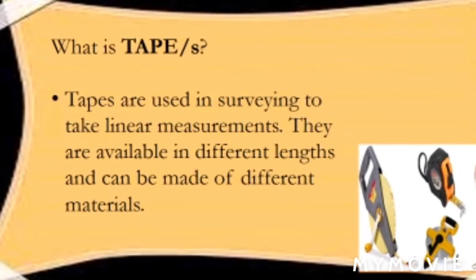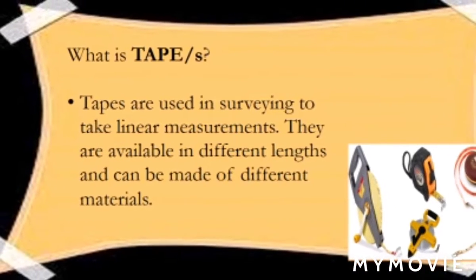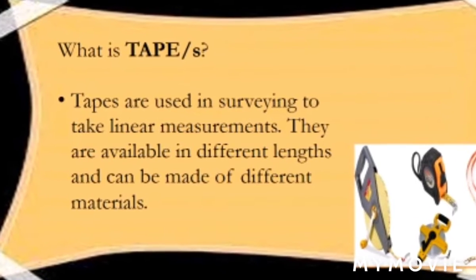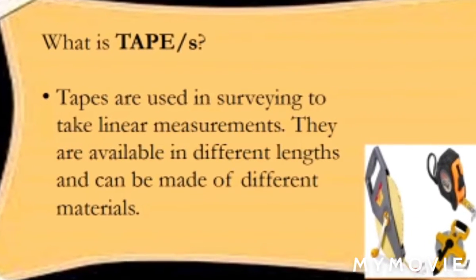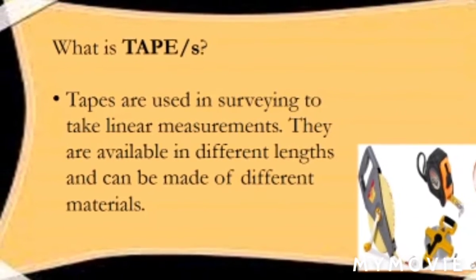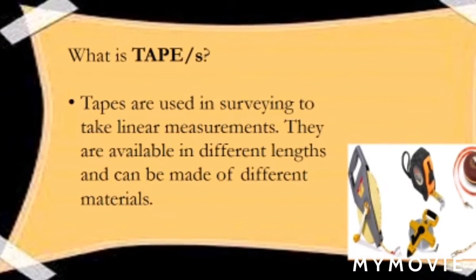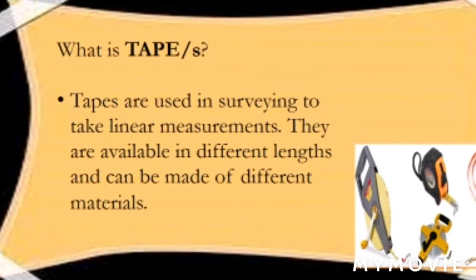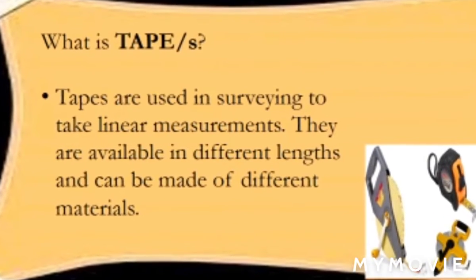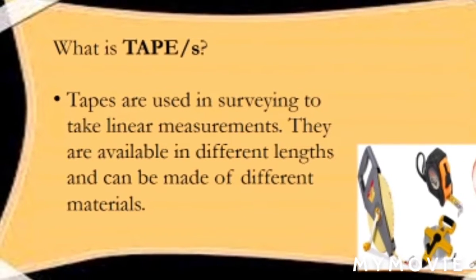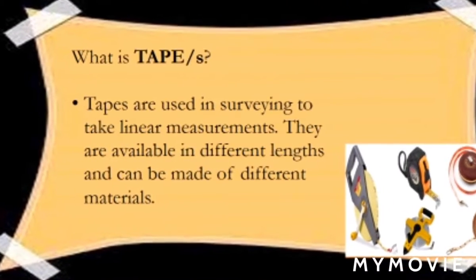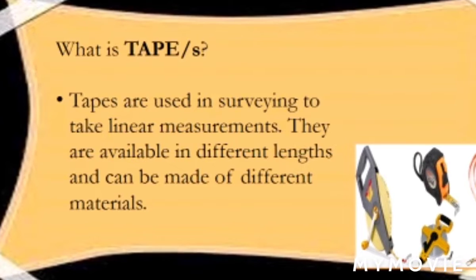Before we recognize the types of tapes and the history, it's very important for us to know the definition of tape or tapes. Because sometimes when we hear the word tape, it could be an adhesive tape, audio tape, or measuring tape. Let's define the tape that you can see on the slide so you will be able to determine what tape I am referring to.